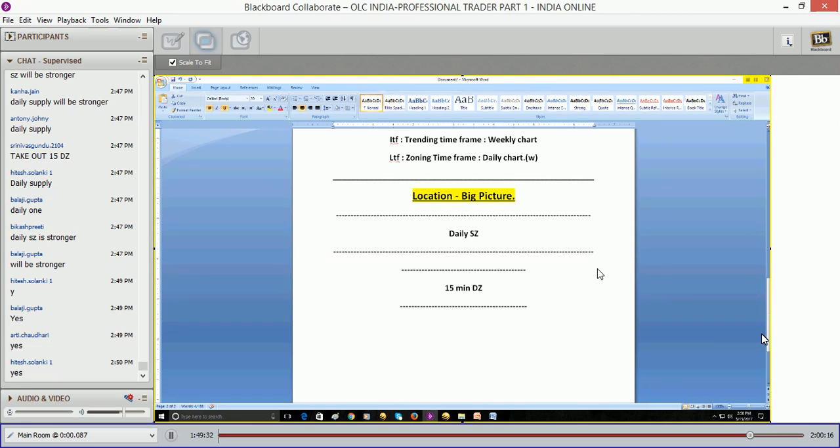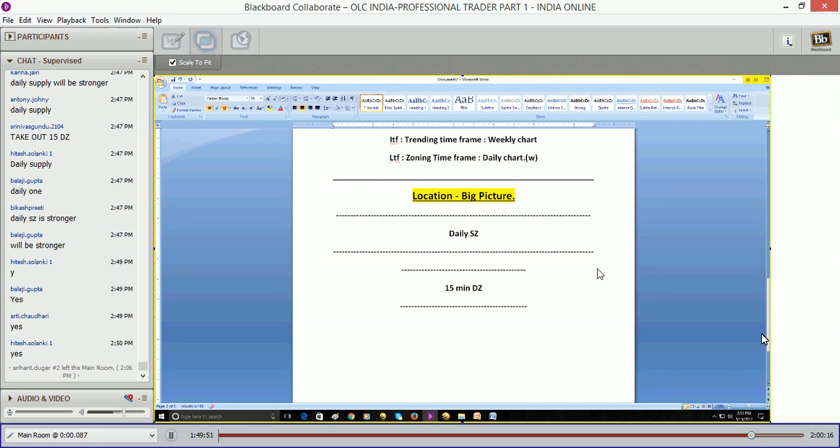Clear, everybody? Like I mentioned, the style of trader we are determines what my location time frame is going to be. The style of trader we are determines the kind of time frame we will use for location.